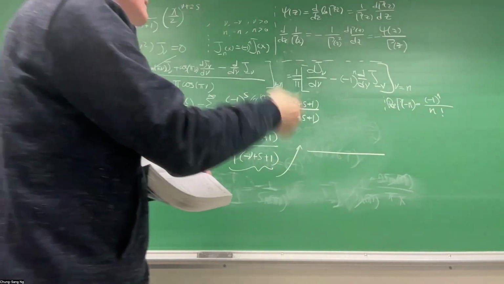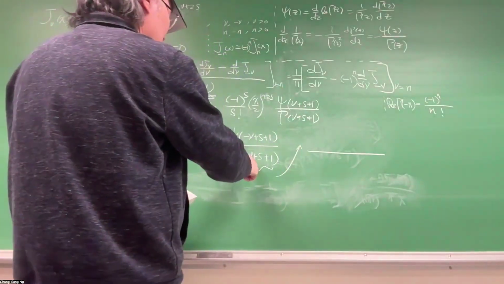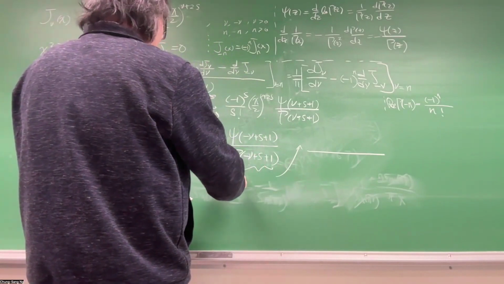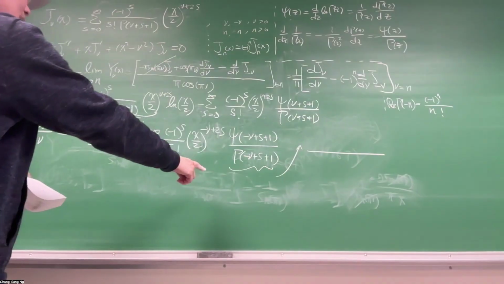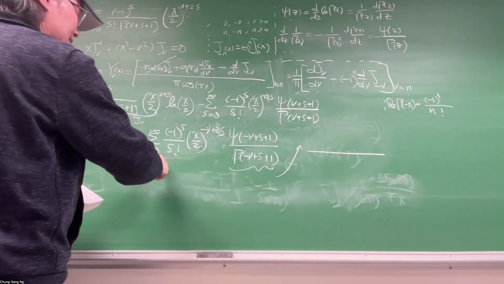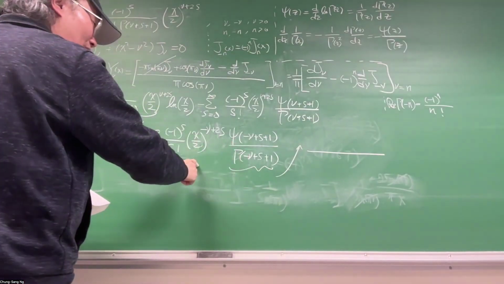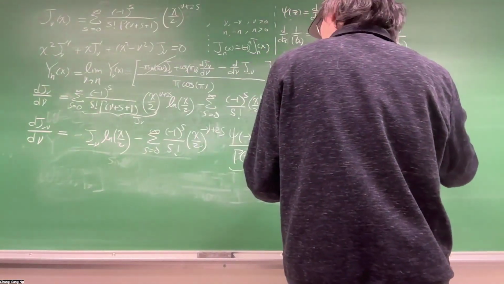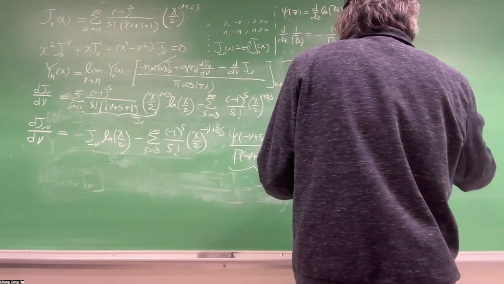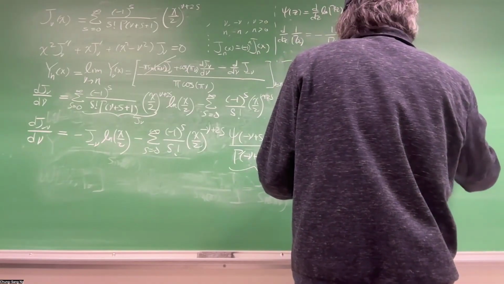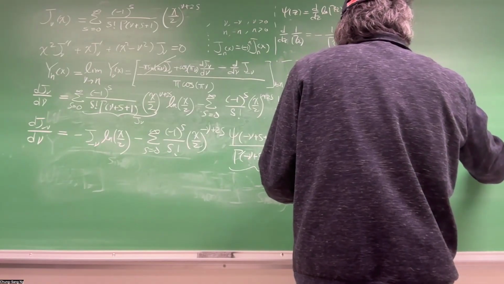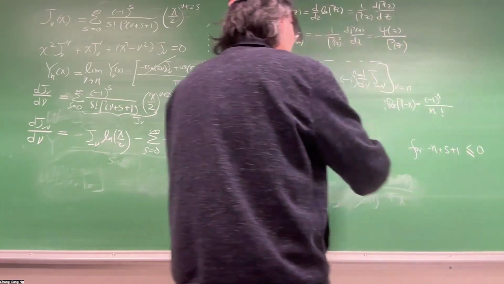Now I should actually say, because some of them are negative and some of them are positive, this is for the negative case, for minus n plus s plus 1 smaller than or equal to 0.